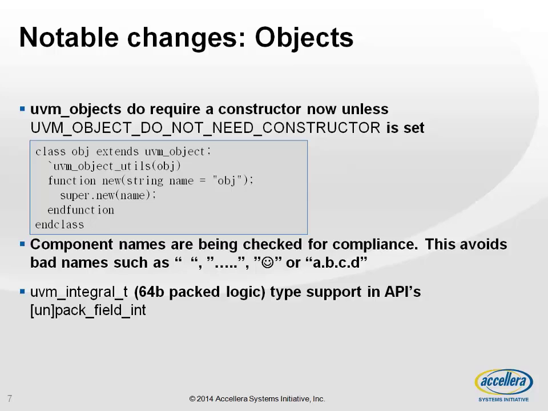So it's quite big. In addition, all the APIs which are using UVM bitstream T are moving 4K in their arguments around. So if you can guarantee you're not exceeding 64 bits, you can use the integral type, because it typically fits in a CPU register and should be much faster to move around.